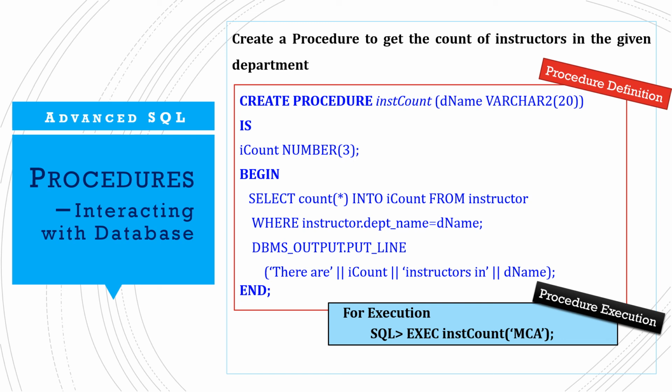The execute command can be used for executing a procedure. So exec, the procedure name is inst count. Then we have to give one parameter, that is the department name. Here we are going to give the parameter as MCA. So this procedure returns the number of instructors belonging to the MCA department.